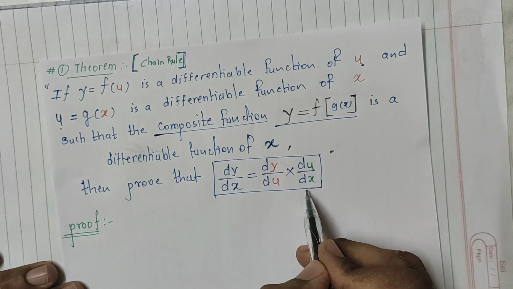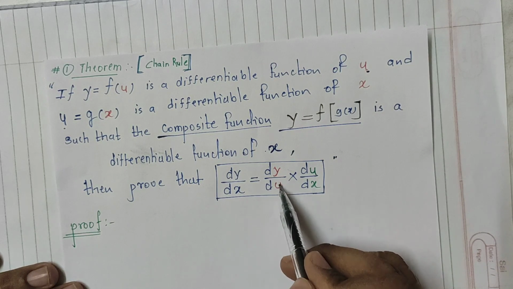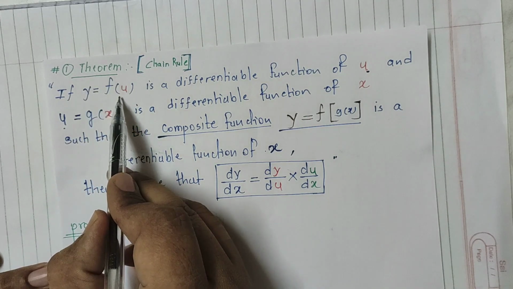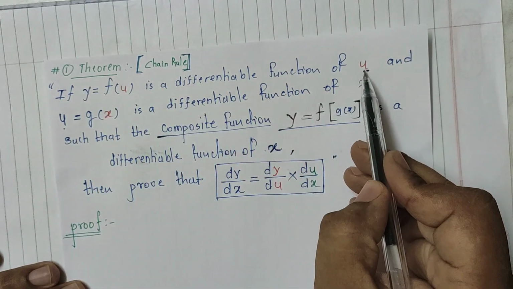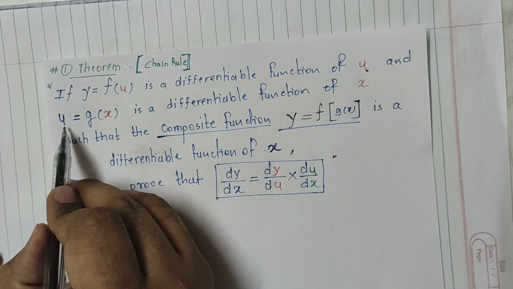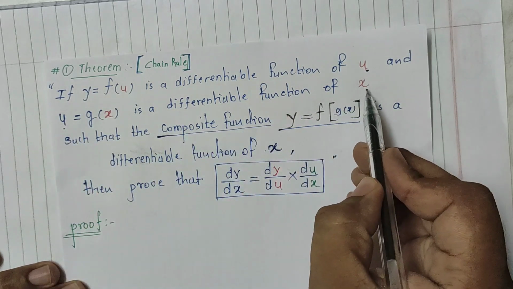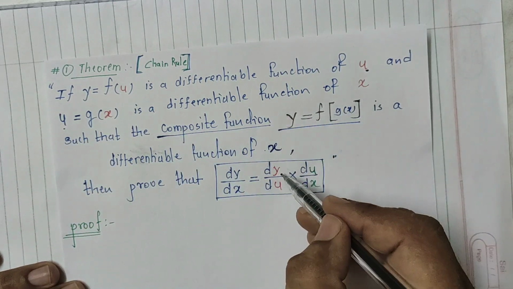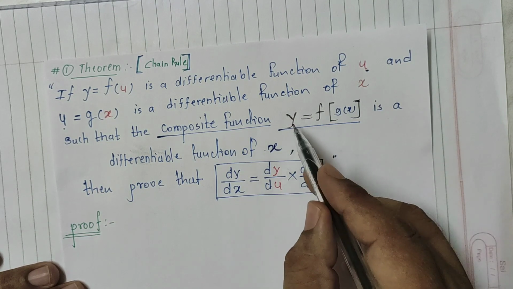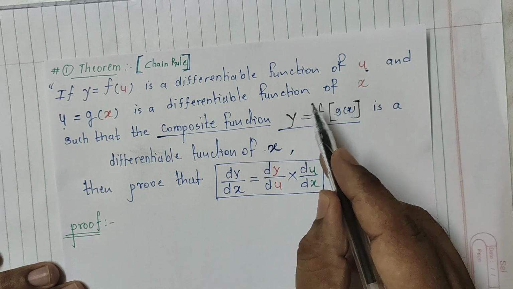Why? Because of what is given. First we see y with respect to u, dy upon du, because y is in terms of u and is a differentiable function of u. Second, u with respect to x: the second function is u equals g of x, which is in x form and is a differentiable function of x. Actually we are finding y with respect to x.